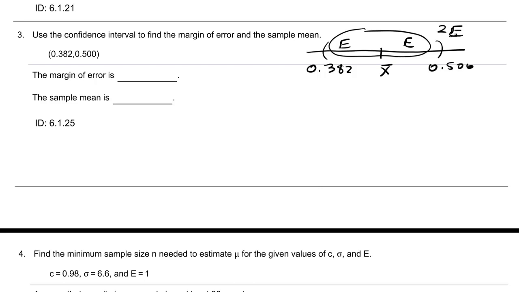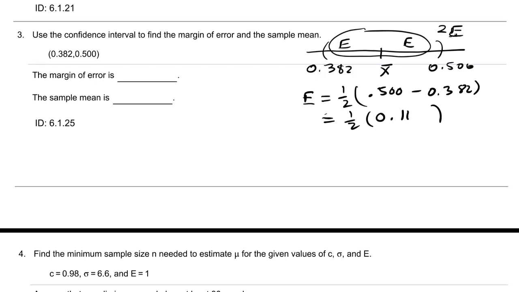All right, so e would be just half of the length of this total confidence interval, so 0.500 minus 0.382, in other words, a half times 0.118, in other words, 0.059. So that's the margin of error E, 0.059.